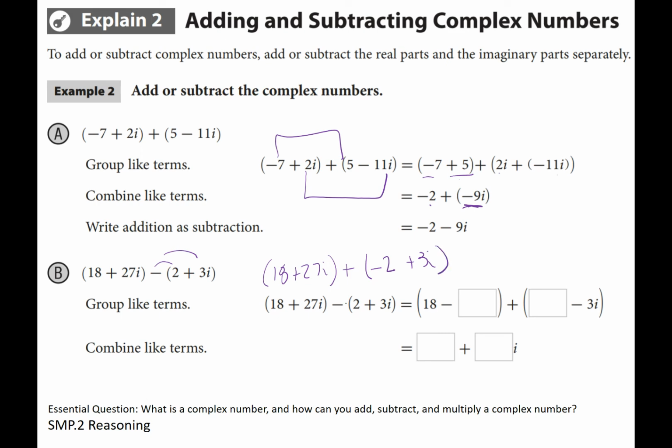They distributed in here, I guess. They swapped their signs here and then grouped it together is what they did. So 18 would be with -2, and then 27i would be up front with -3i. 18 minus 2 is 16, and then 27 minus 3 would be 24i.